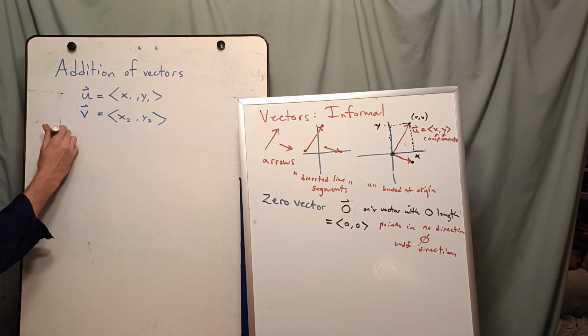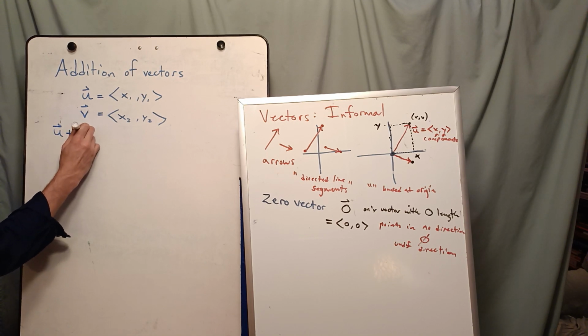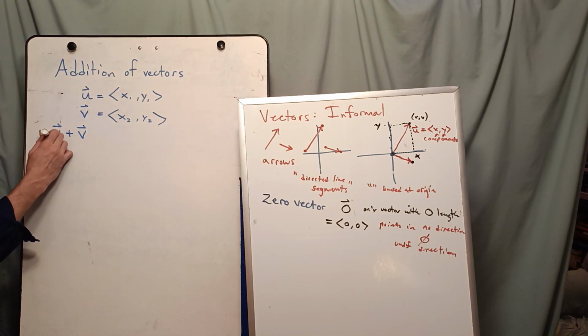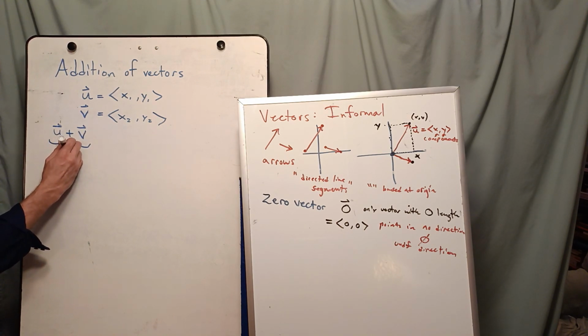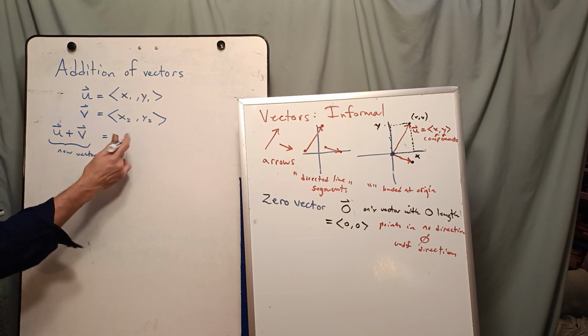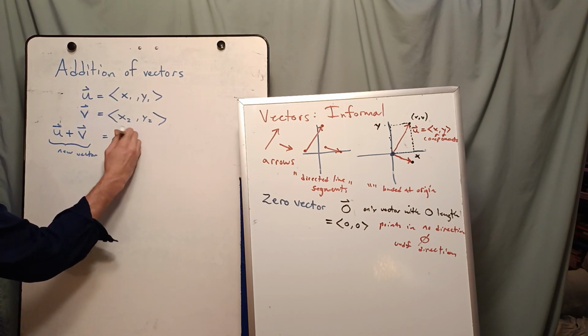Then if we wanted to sum these two vectors, we get a third vector. So this is a new vector. And what is its component form? Its component form is given by the sum of the coordinates.